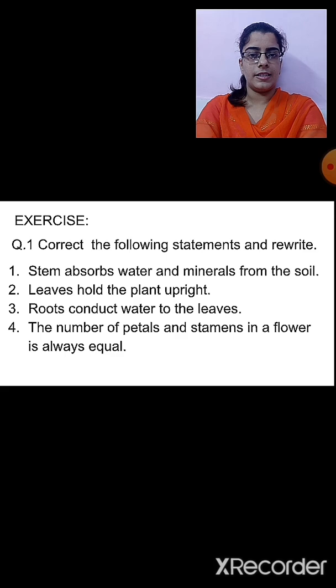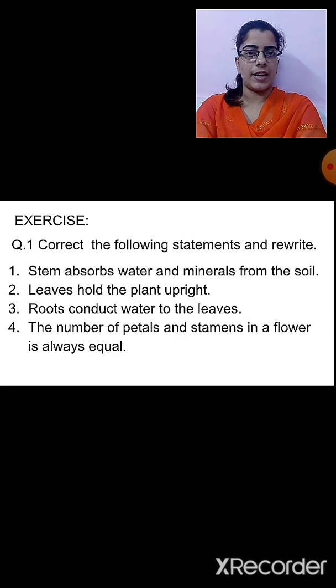Second statement is leaves hold the plant upright. Are the leaves the ones that hold the plant upright? No. Stem holds the plant upright. Third statement, roots conduct water to the leaves. Do roots conduct water to the leaves?